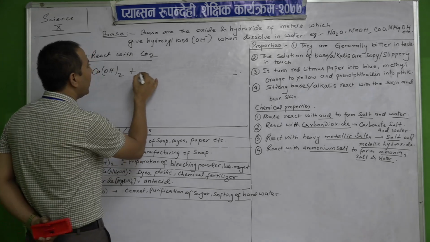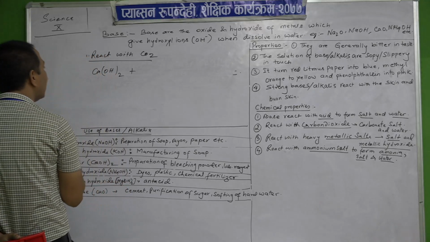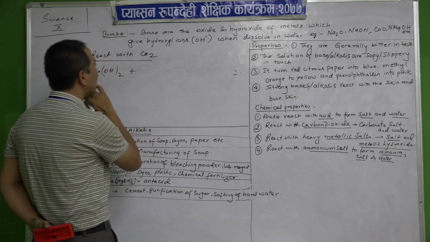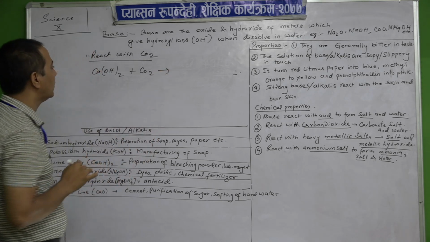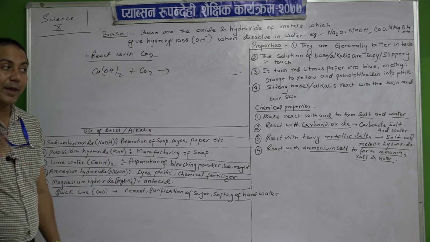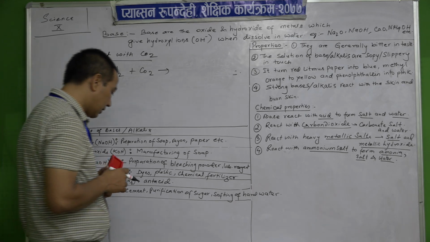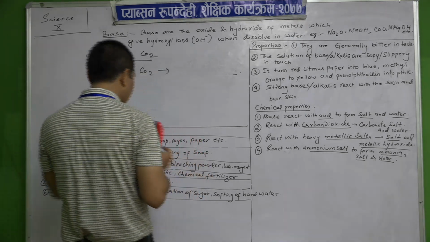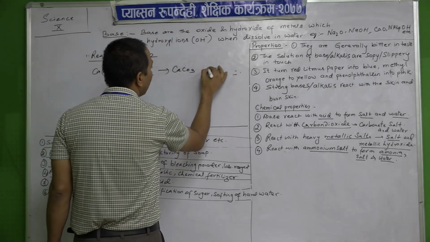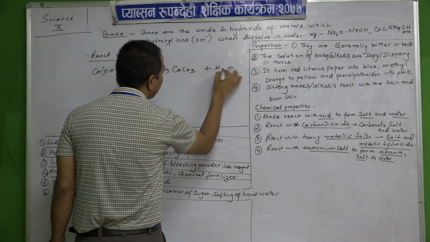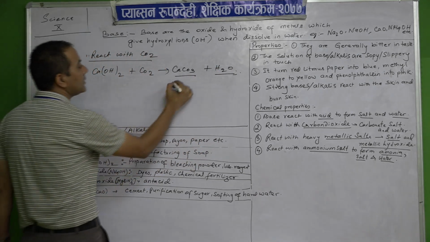When calcium oxide or calcium hydroxide reacts with CO2, then what does it produce? Yes, we have studied this in chemical reactions also. It produces calcium carbonate plus water. That is carbonate.